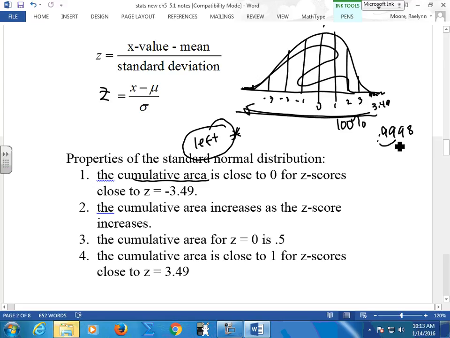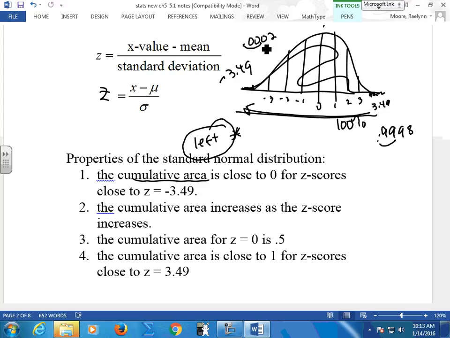That's just your regular table. Did you get one, David? Same thing if you look at your negative. Look at negative 3.49. That's your first entry on your table. That's essentially 0. There's very, very little space to the end. So they consider this essentially 0. Okay, that's as far as your table is going to cut this off.